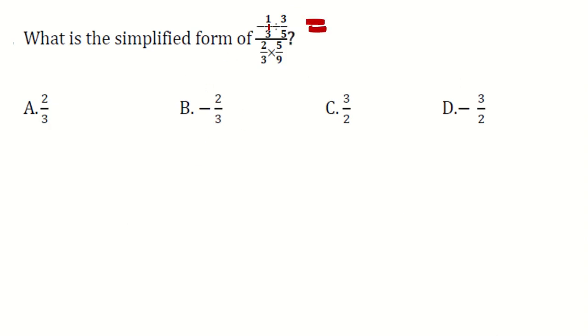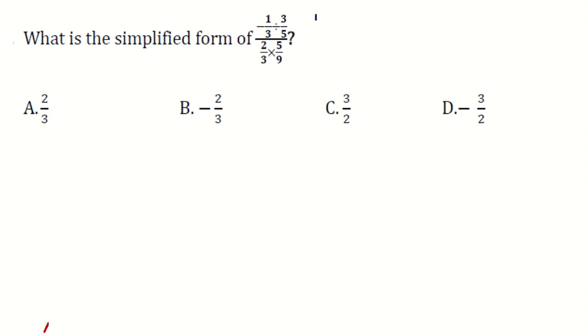This is equal to negative 1 over 3 divided by 3 over 5, the whole over 2 over 5 times 5 over 11. Okay. What to do now? Negative 1 over 3 times, we need to flip 5 over 3, the upper part only. Let's do it down to use the space properly.